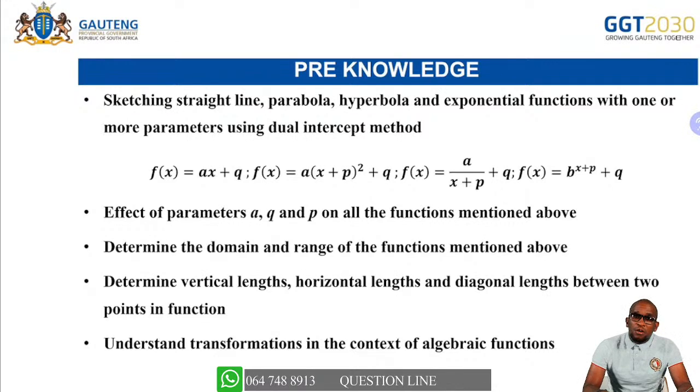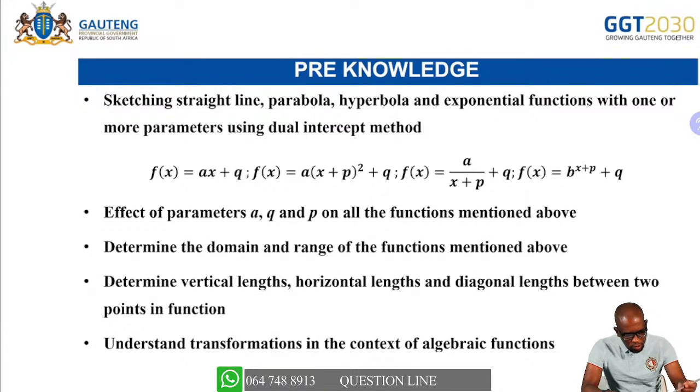Right, obviously you don't come to this lesson empty-handed. You come with knowledge that you've gained in previous grades. So knowledge that would be prerequisite to this particular lesson would be sketching of all those functions: a linear function, a quadratic function, an exponential function, and a hyperbolic function.